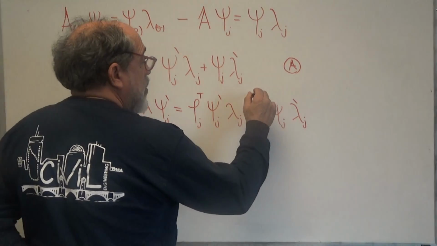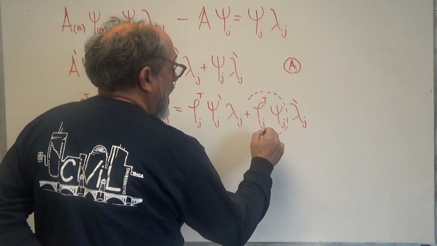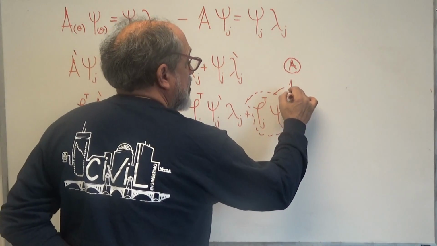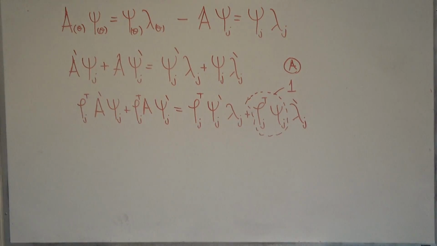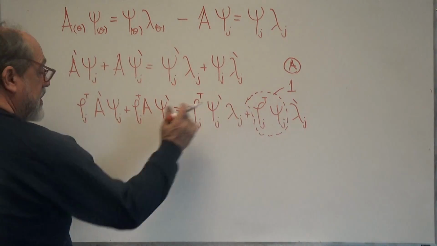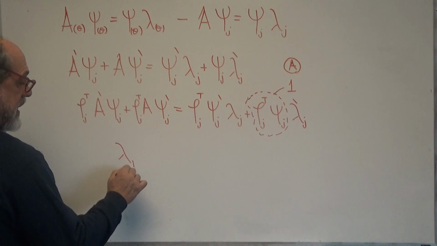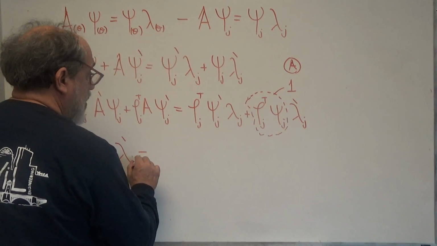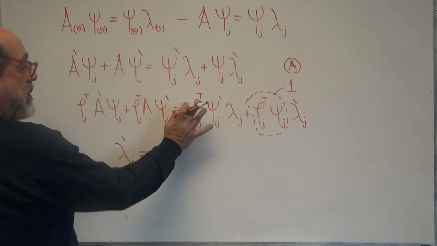Because of our normalization, this term right here, which is the left transpose times the right, is simply equal to 1, right? So, for the sake of conciseness, I'm going to write lambda j prime, which is this, equal to all this minus that.